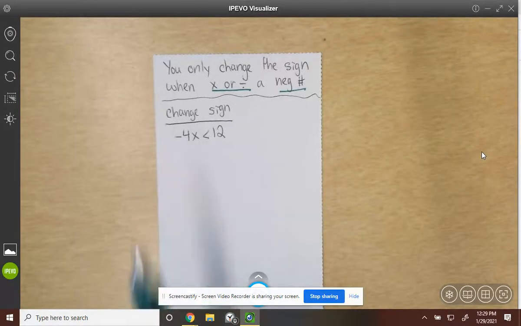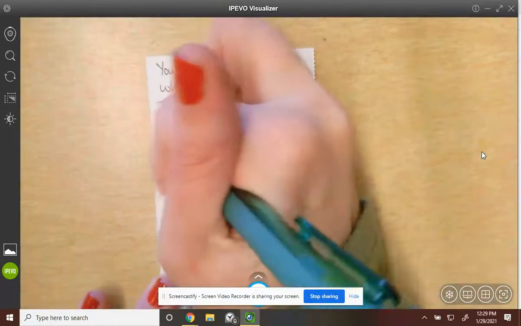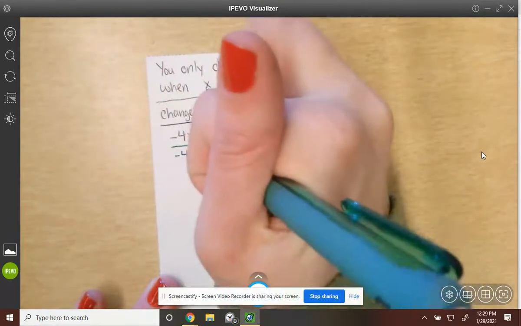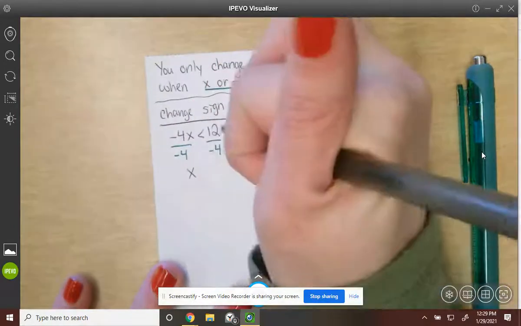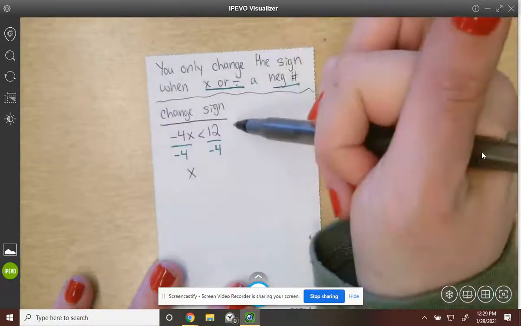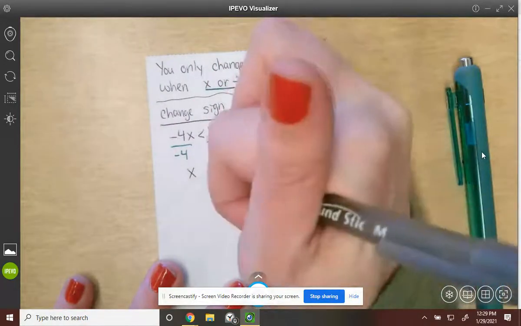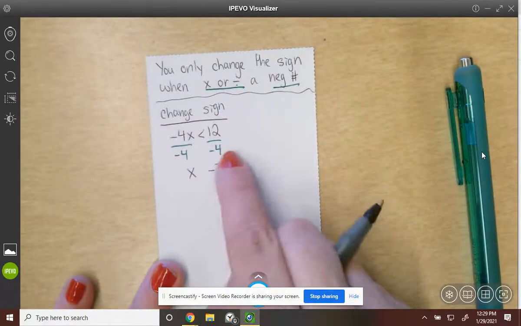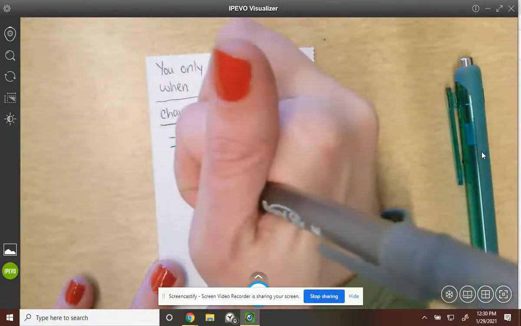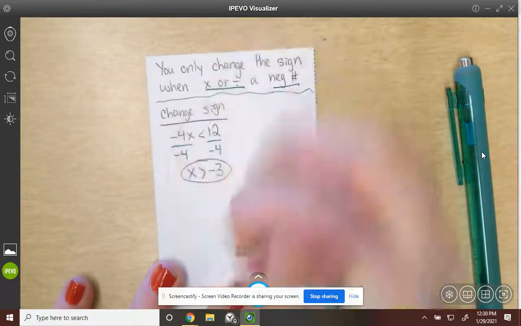You divide by a negative 4. So that gives me x, and then 12 divided by negative 4, negative 3. And I change my sign because I divided by a negative number. So my sign is now going to flip and go that direction.